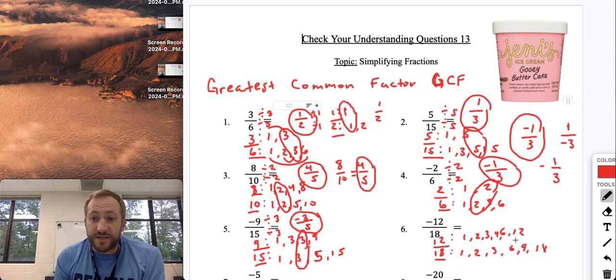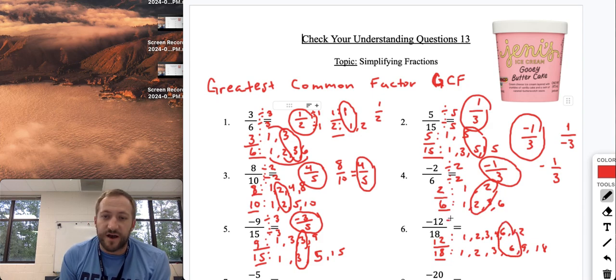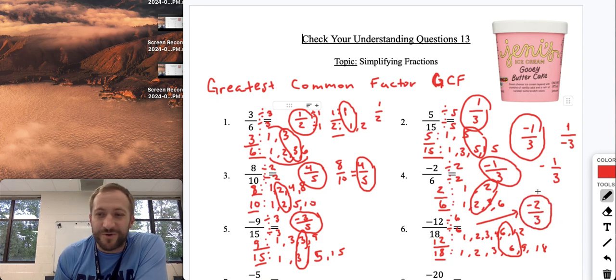So the greatest common factor they have is 6. So I'm going to divide both of these by 6. Negative 12 divided by 6. Let me draw an arrow so I have a little more room to write this fraction. Negative 12 divided by 6 gives me negative 2. 18 divided by 6 gives me 3. And there we are.